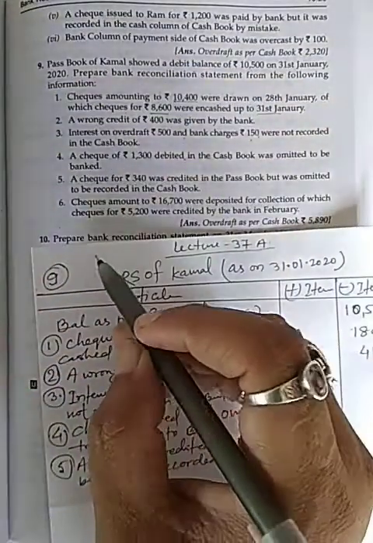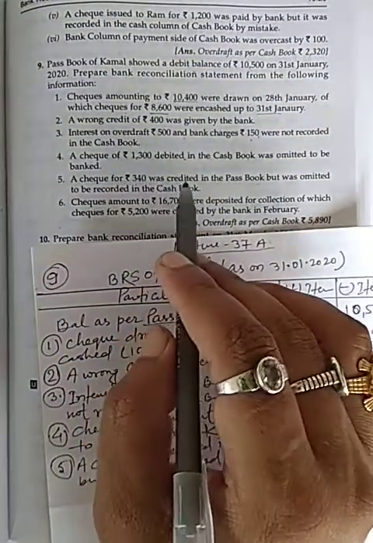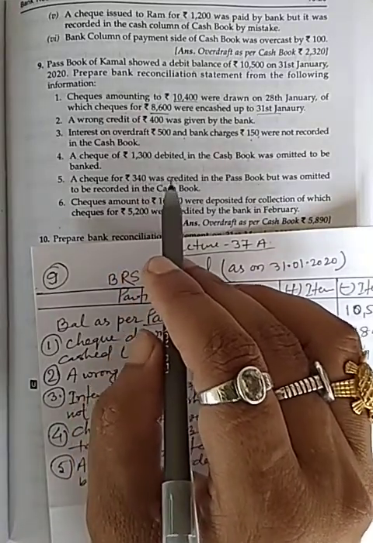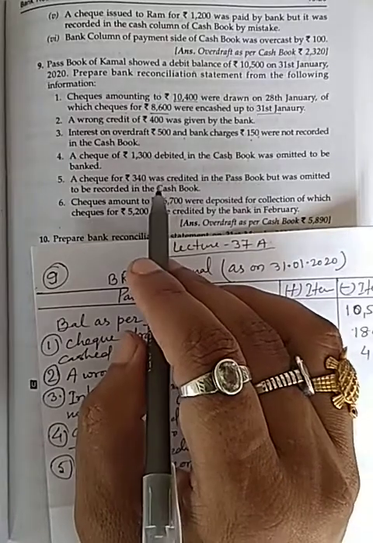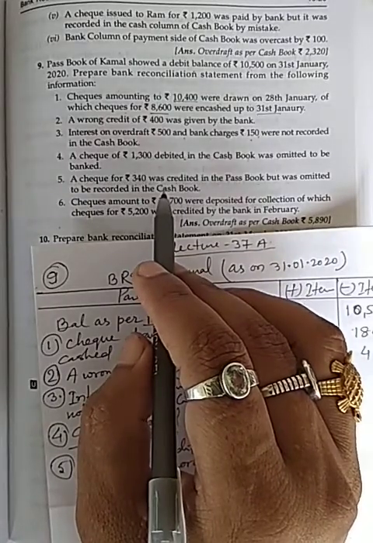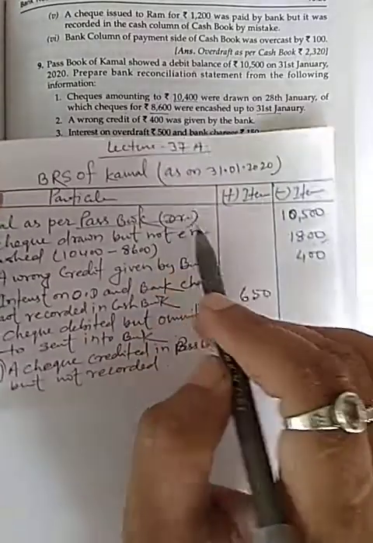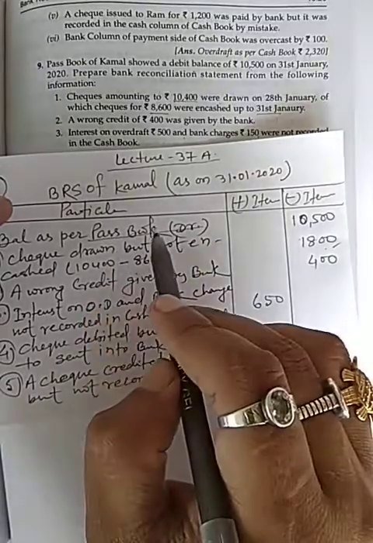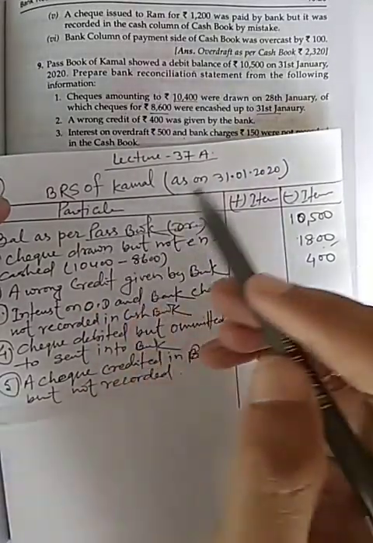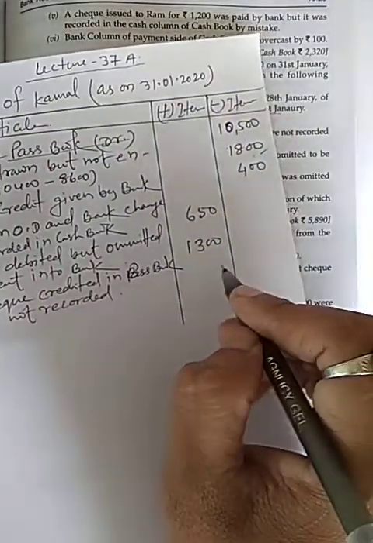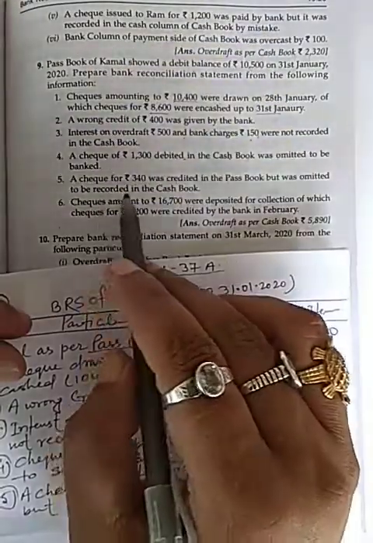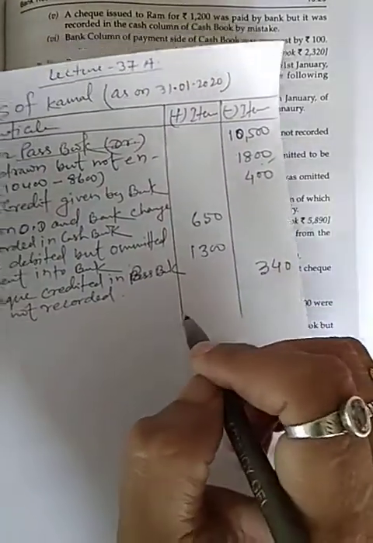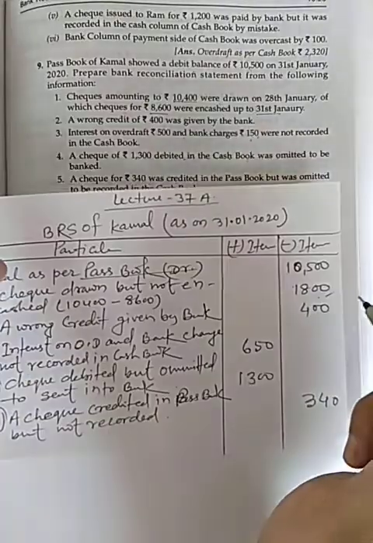When bank credited in our passbook, so it will increase, and we have also to increase in cash book. So I will write in plus item according to cash book balance, but here passbook balance I will write just opposite in minus side. So 340 rupees will be in minus side. Now student, next thing is given.